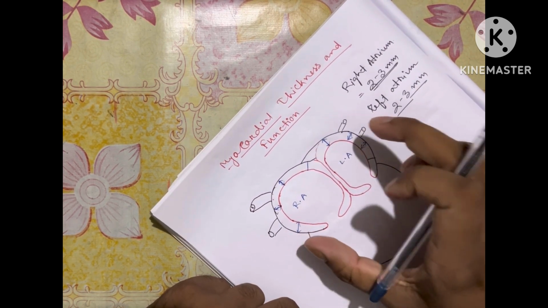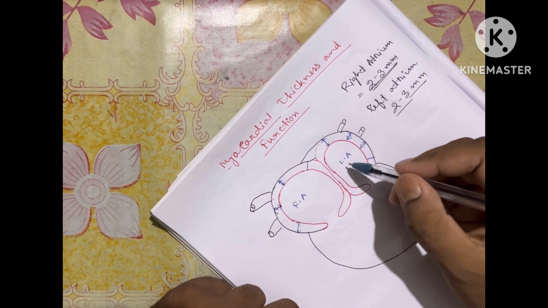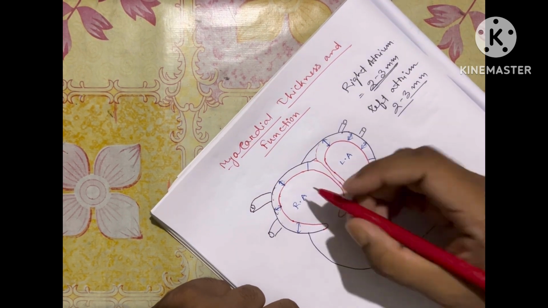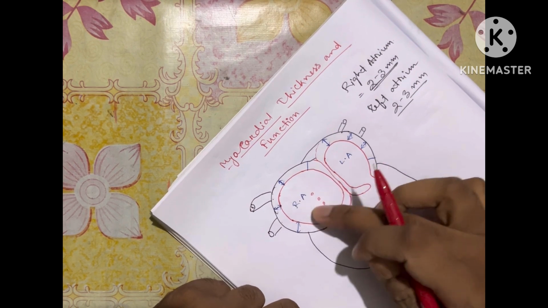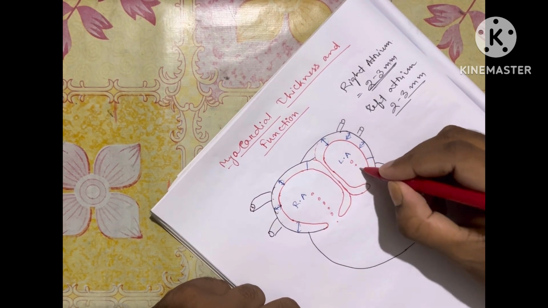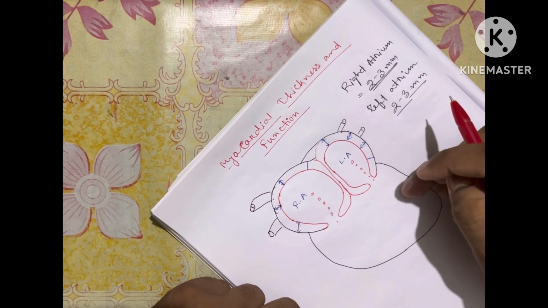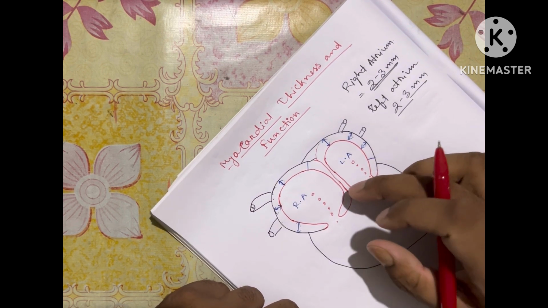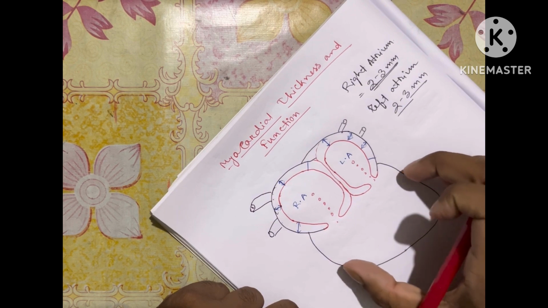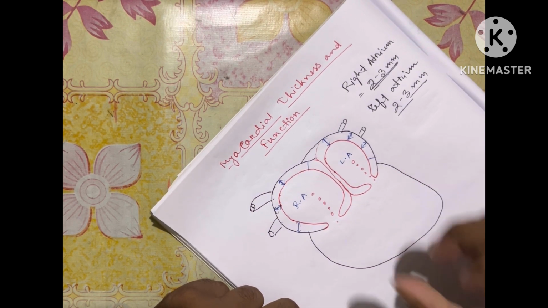What is the basic function of both the atria? Their main function is to supply the content from the atria to the chambers beneath them, in the lower chambers of our heart, meaning the ventricles.